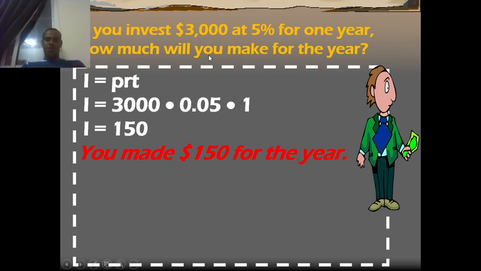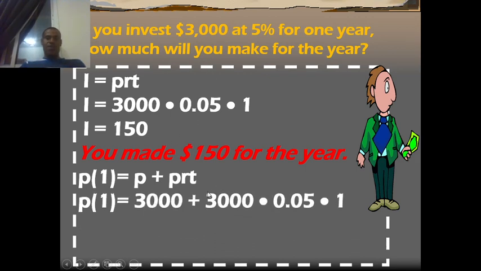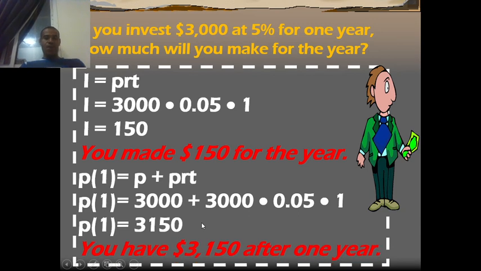To 3,000. So P1 equals P plus PRT, means 3,000 plus 150 gives 3,150. So P1 is 3,000 plus 3,000 multiplied by this, which gives $3,150, of course. You have 3,150 after 1 year.